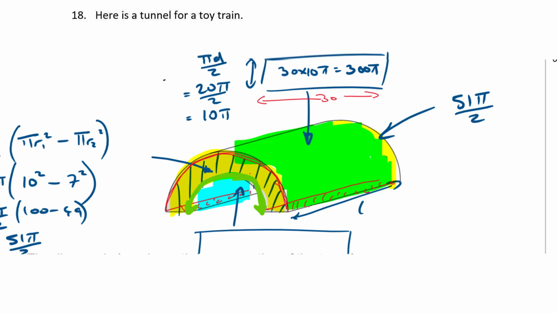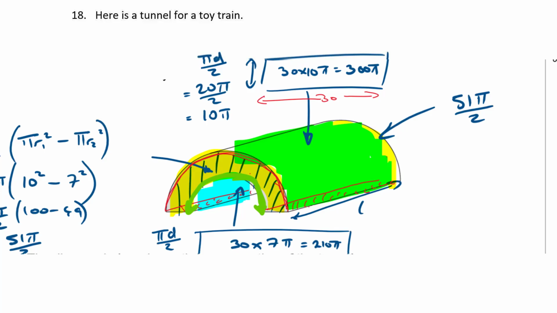So again, it's going to be half pi d, where here the diameter is 14. So it'd be 14 pi over 2, which is 7 pi. The length is still the same, it's still 30. So then the area of that rectangle is going to be 30 times 7 pi, which is 210 pi. Okay, so doing well. We've got 4 out of the 6 sides done now.